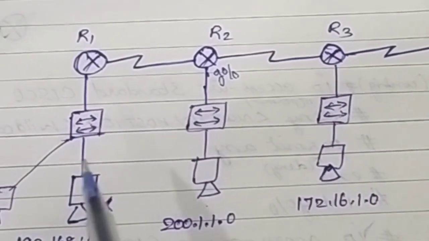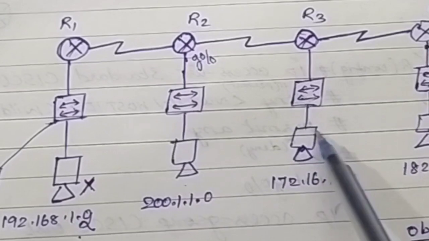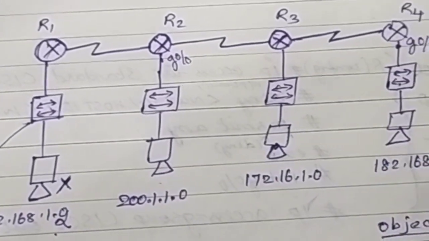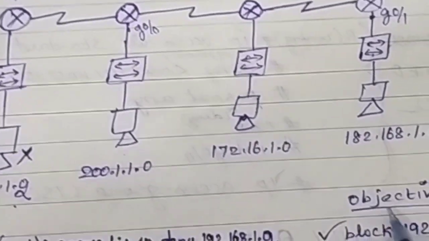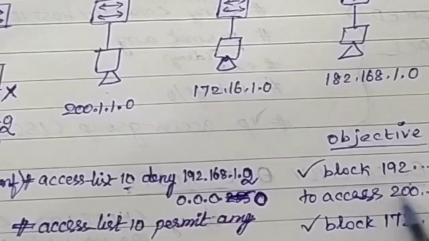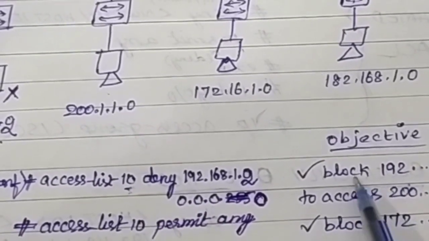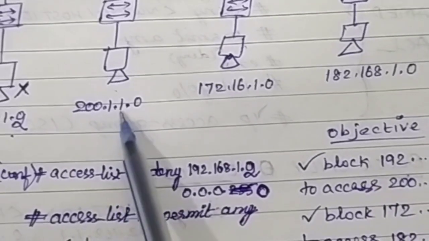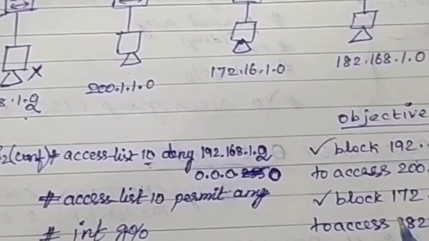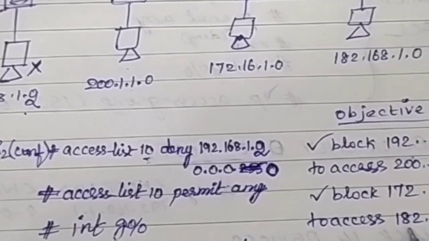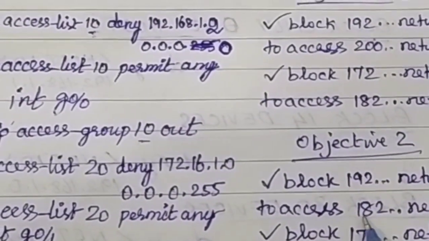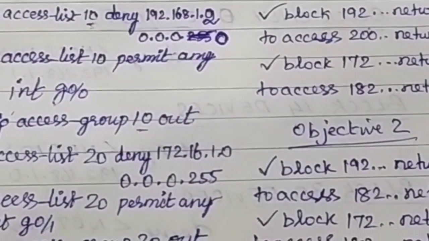We are going to block this network as well as this network, both networks, from accessing the same destination. In objective 1, we were blocking access to different networks. In the first case it is the 200 network, and in the next case the 182 network. So in both cases the destinations were different, but in objective 2 the destination is the same. Here also 182, here also 182.